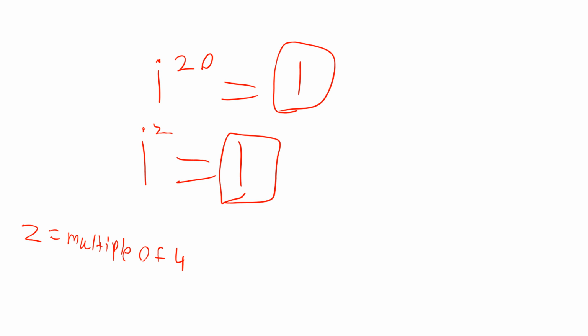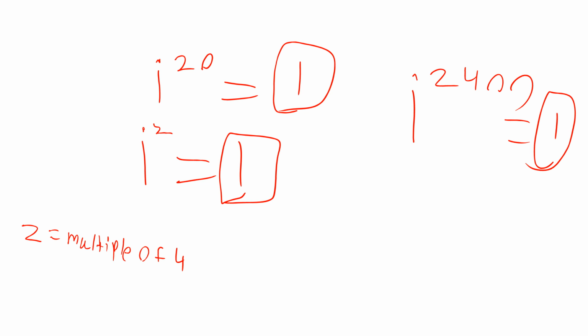We can have i to 2400, still going to be 1. That's very useful, especially when we're faced with problems in which it asks us to raise i to huge powers. So we're going to try this out with i raised to 101.